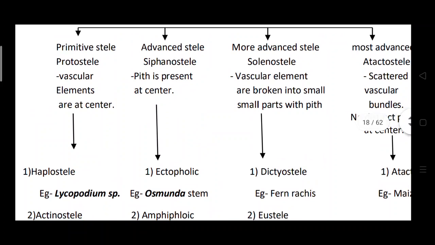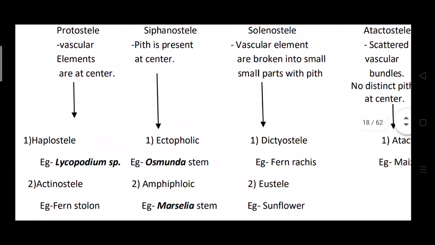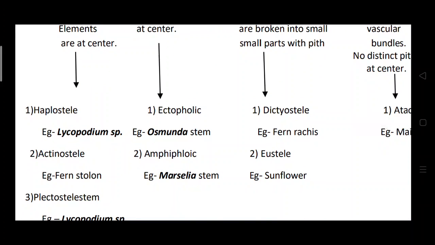Then the second type is the advanced stele. It is again divided into two types: ectophloic, whose example is the Osmunda stem, and amphiphloic, whose example is Marsilea. In the more advanced stele, that is solenostele, it is again divided into two types, dictyostele and eustele.